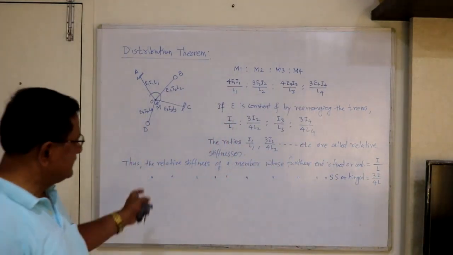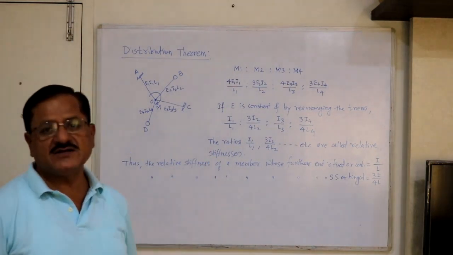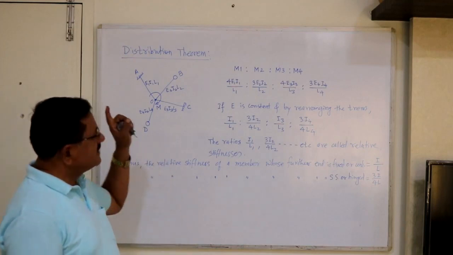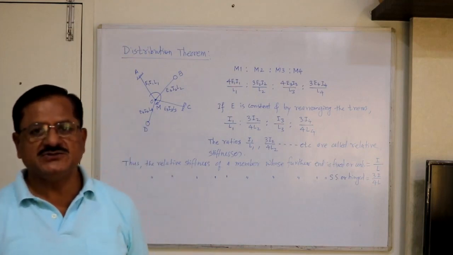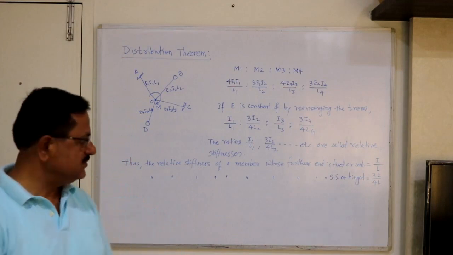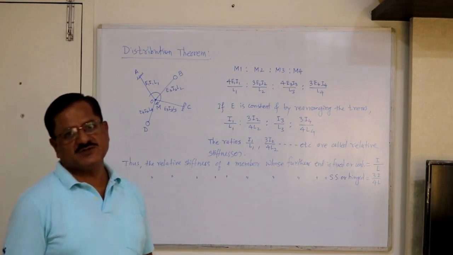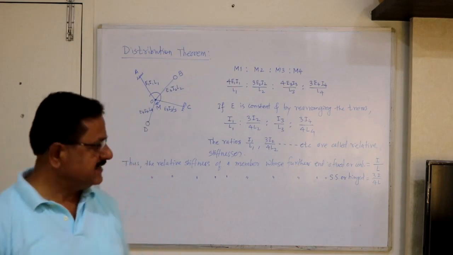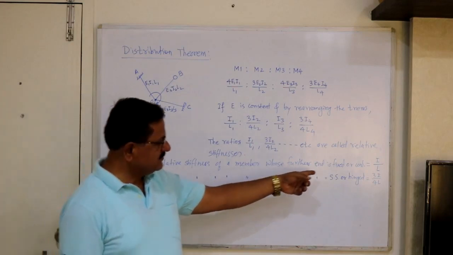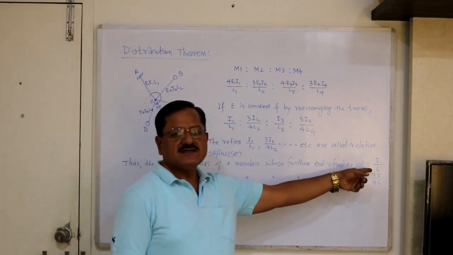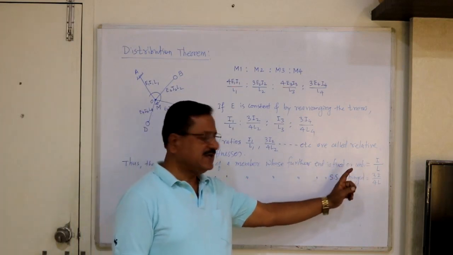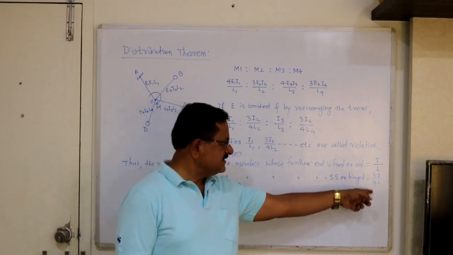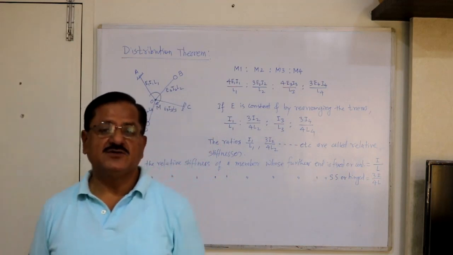Now these stiffnesses of members are used to find the distribution factor. Either use absolute stiffness or use relative stiffness to find the distribution factor. In most books they use relative stiffnesses, meaning for a member whose further end is fixed or continuous, the stiffness is taken as I upon L, and for members whose further end is hinged or simply supported, the stiffness is taken as 3I upon 4L.